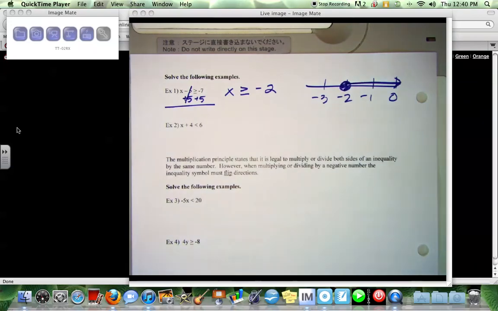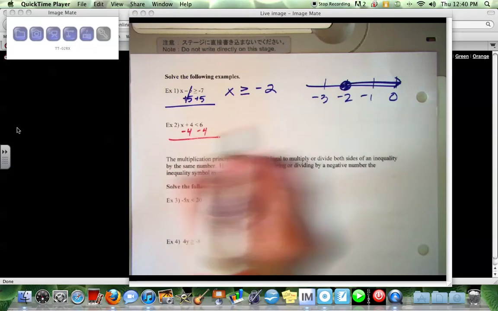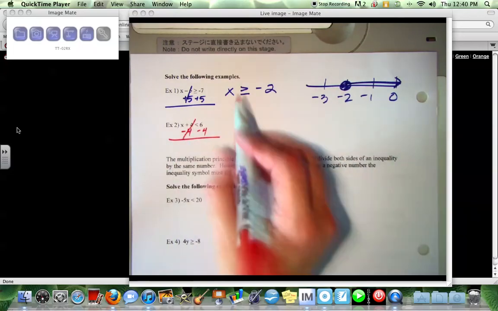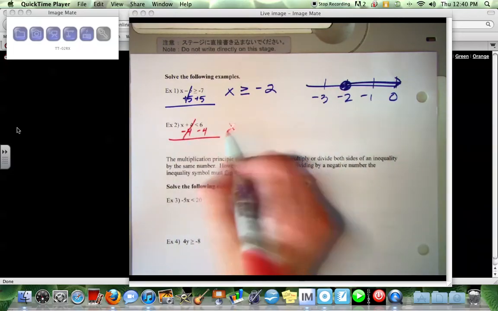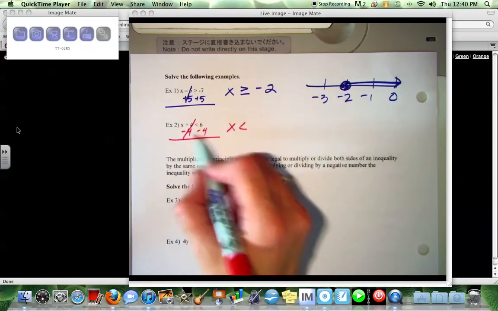Example 2, x plus 4 is less than 6. We want to subtract 4 from both sides. The 4's cancel, and we have x is less than 6 minus 4, which is 2.